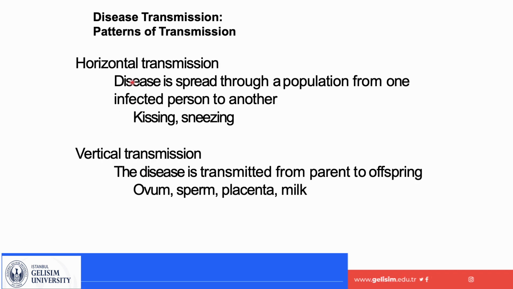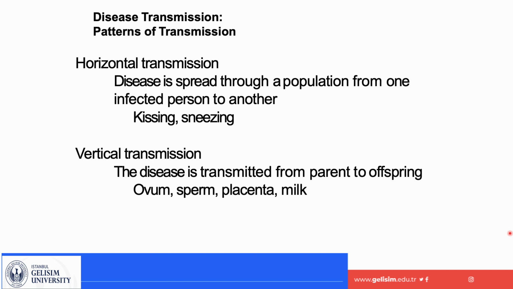All right, now we move on to horizontal and vertical transfer. Horizontal transfer refers to the transfer of genetic material from one individual organism to another of the same generation and typically within the same species.